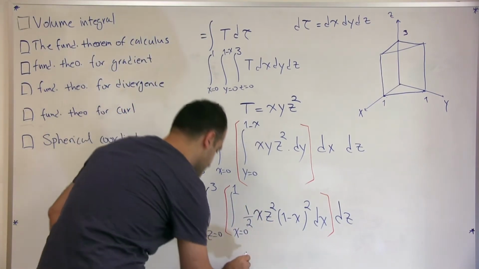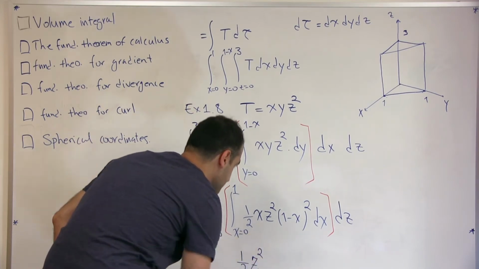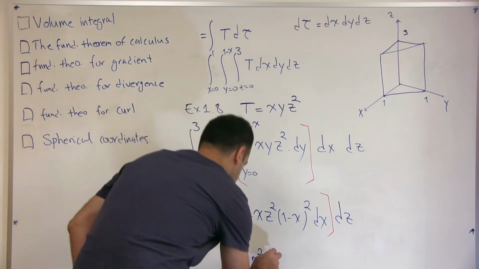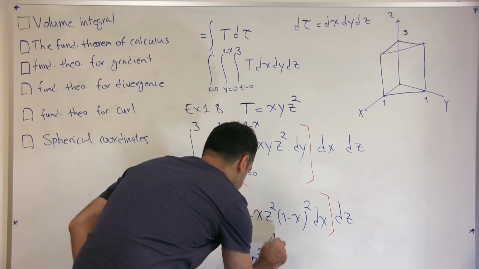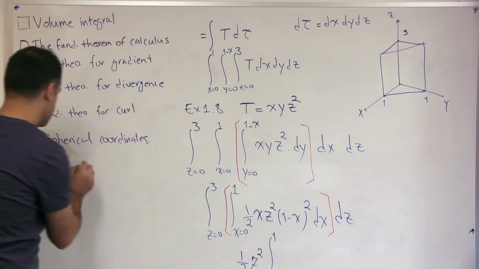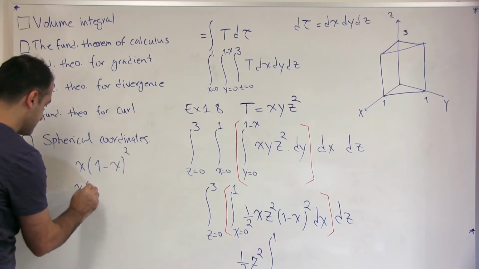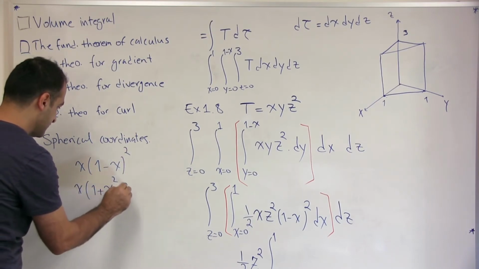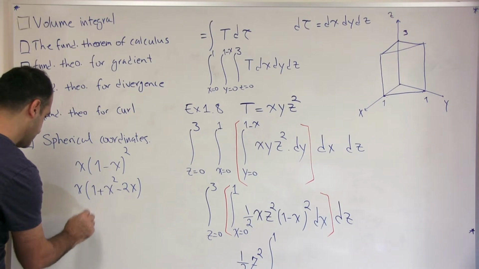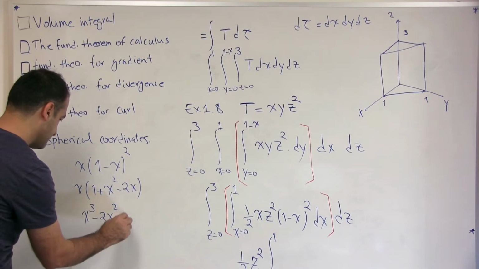are constant. They can just come out of the integral. 1/2 times z squared. What we have here is 1 minus x squared times x. So that's times integral of 0 to 1. And so let me expand this here. x times 1 minus x squared is x times 1 plus x squared minus 2x. x times all of these, we get x cubed minus 2x squared plus x.